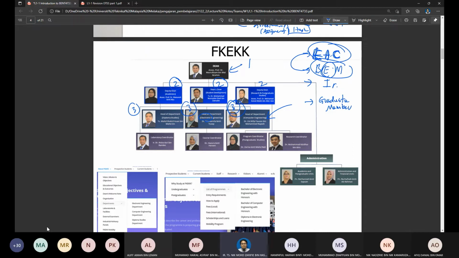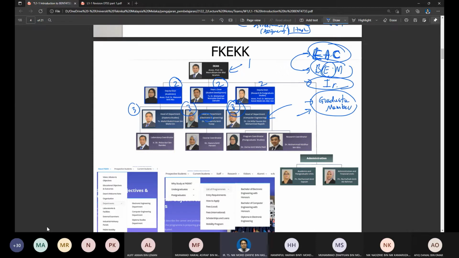Speaking about BEM, we have 2 kinds of members: one is graduate member, and the other is professional member. Graduate member is our target immediately after you graduate. Basically, you can register with BEM under this one. It means you are allowed to act as an engineer in industry, whereby you can work in a factory, institution, research center, or the government sector.